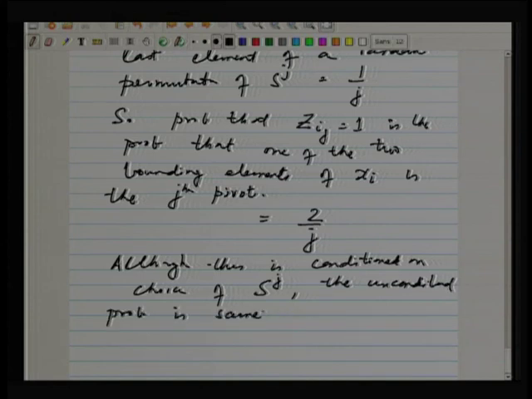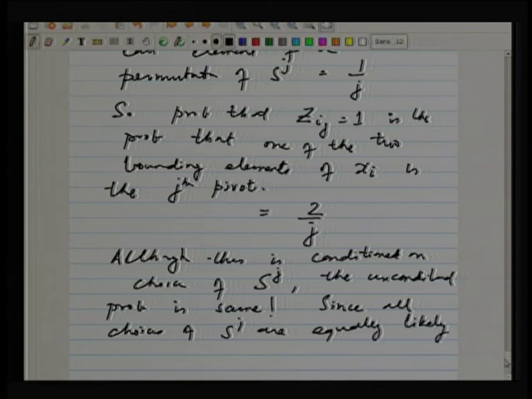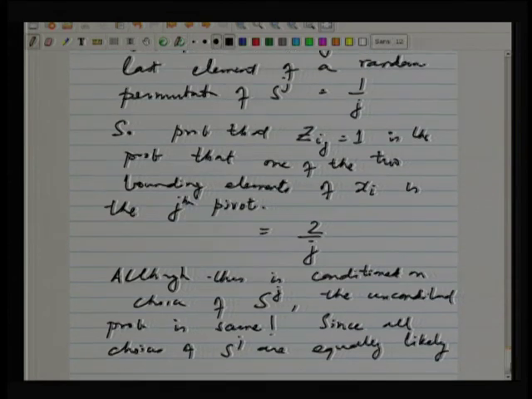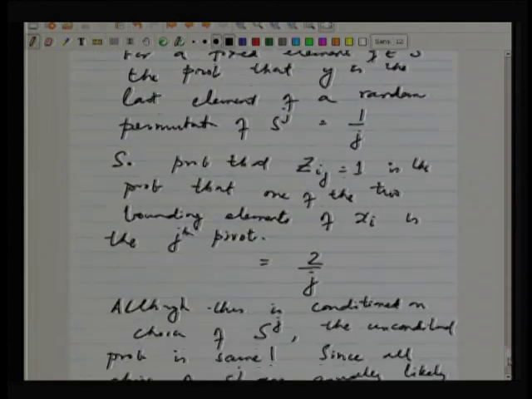And that follows from the symmetry, because all choices of S j are equally likely. Okay. And therefore, we just got what we wanted. Okay. So, it is 2 over j. So, for the jth step, it is 2 over j.